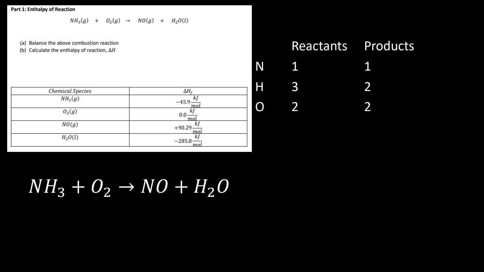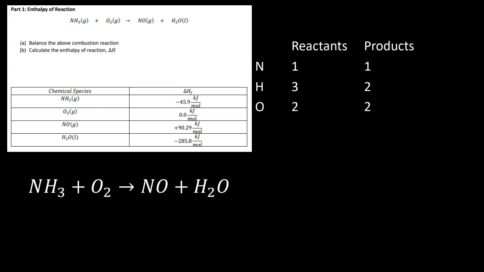On the reactant side, we have ammonia, which has one single nitrogen and 3 hydrogen atoms, and molecular oxygen, which counts as 2 atoms of oxygen. On the product side, we have a single nitrogen and 2 atoms of hydrogen, and between both molecules, a total of 2 atoms of oxygen.